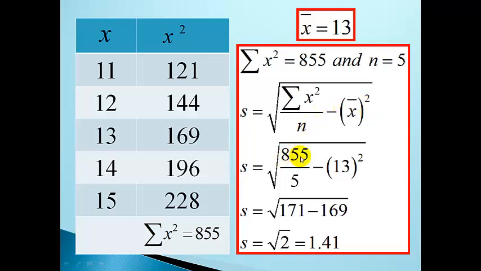So we have 855 divided by 5 minus 13 squared. 855 divided by 5 is equal to 171, minus 13 squared which is 169. So s is equal to the square root of 2, and the square root of 2 is equal to 1.41. So you realize that we are getting the same answer as we had when we used method 1.